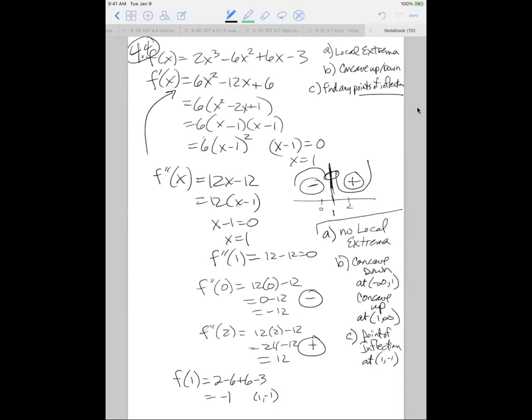So no local extrema, no local max, no local min. B, it's concave down from negative infinity to 1 and concave up from 1 to infinity. And C, the point of inflection is at (1, -1). All right, let's go on. That is solving another problem from section 4.4.